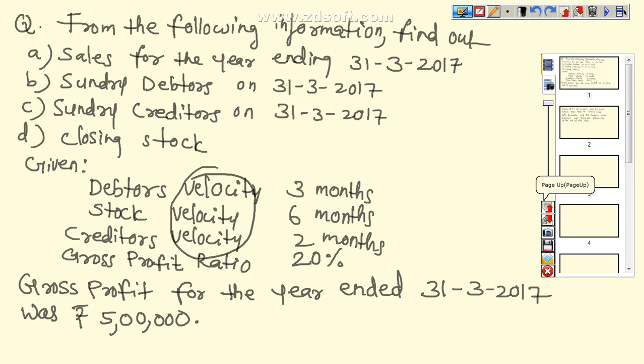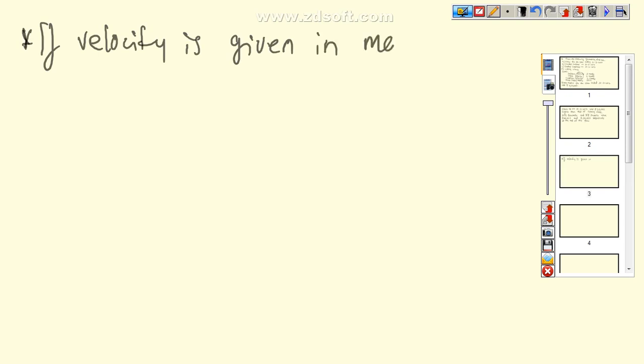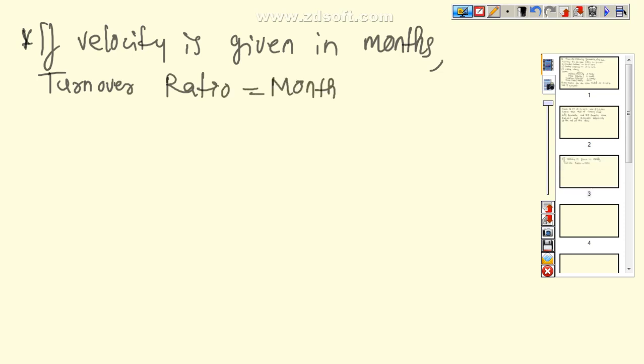So the first point we have to remember: if velocity is given in months, then turnover ratio is equal to months in a year upon velocity.